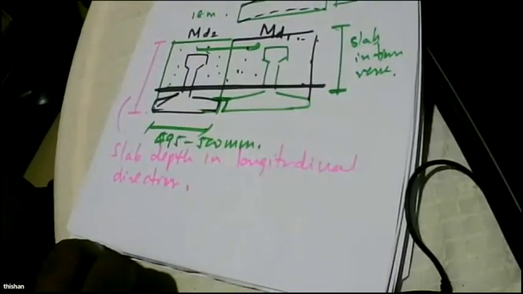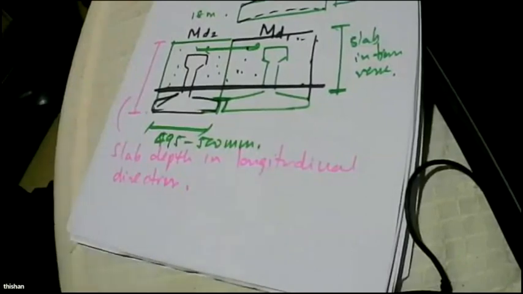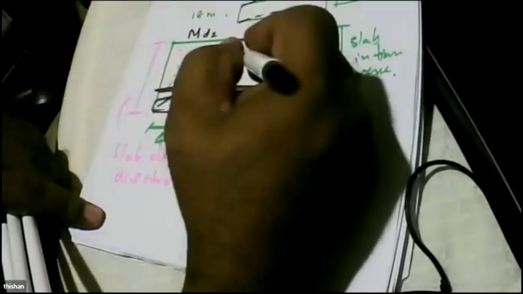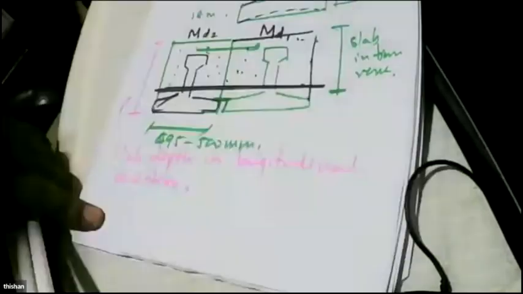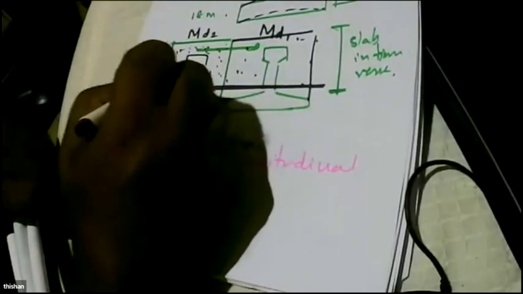So the first thing we have to understand is when you are casting this with the long line method, we are going to get self-weight acting, that is MD1. And when you are placing the concrete, before the composite action becomes effective, this beam has to carry the weight of this concrete as self-supported. So that means it's still simply supported.